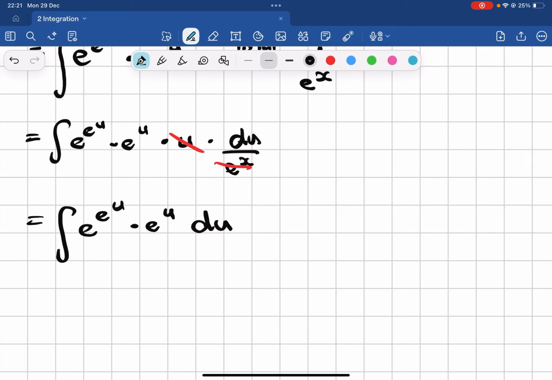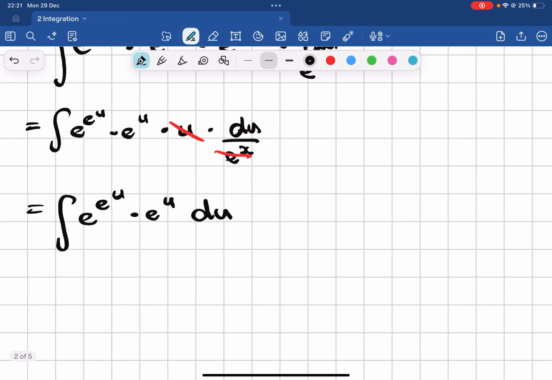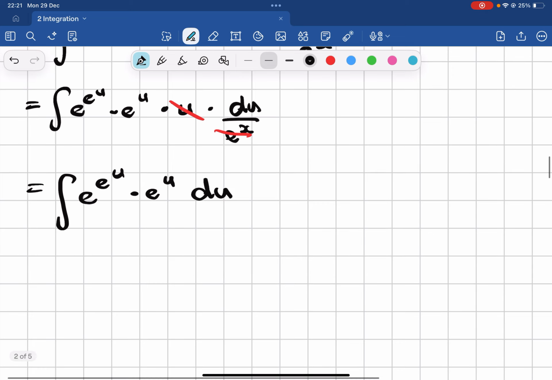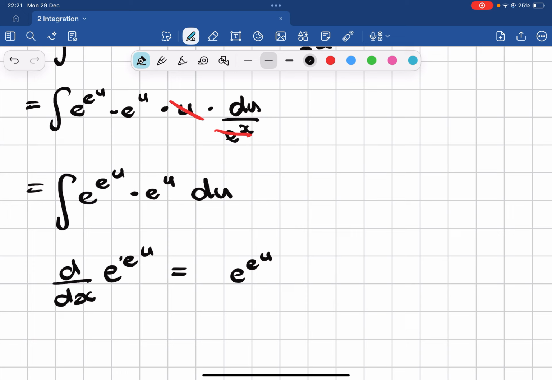Now notice here how we could have the differential right next to the function. So let's check. If we differentiate e to the e to the u, this comes down and is simply differentiated to e to the u.